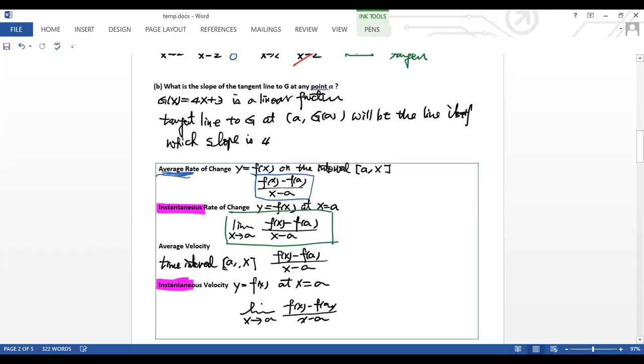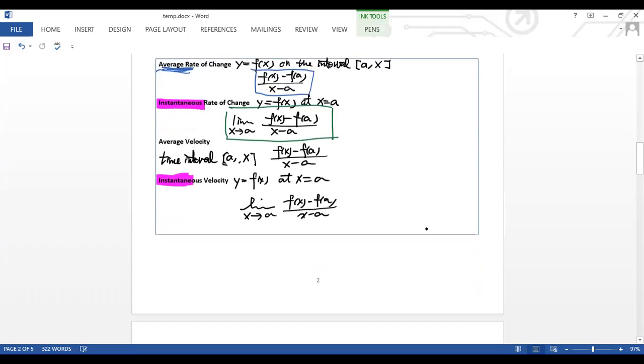That's one of the applications we use a lot in physics, the instantaneous velocity at a certain point, which means finding the slope of the tangent line.